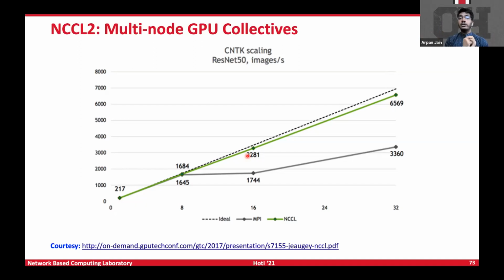In HPC workloads, we don't have very large messages like 4 MB or 128 MB for communication primitives like allreduce. So that is why they were not optimized, and they were doing it on the GPU. And at that time, the GPU communication primitives were also not optimized. So that is why they saw this performance.